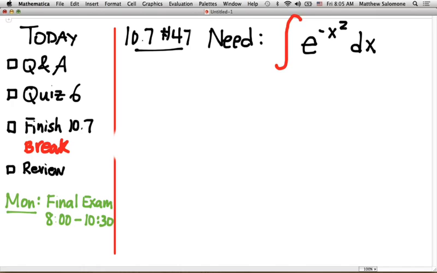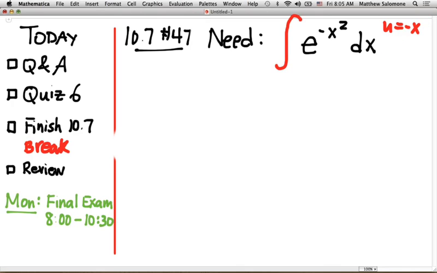Because if we tried to, for instance, make a u substitution, why does this u substitution end up not working? There's nothing to cancel that du with. Right, there's no x that can absorb my minus 2x dx. So u substitution doesn't work.